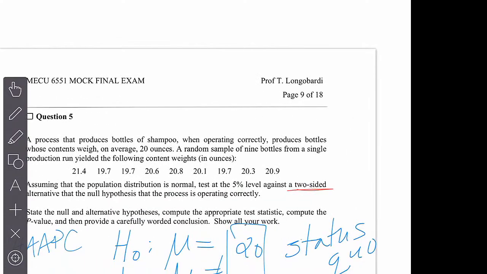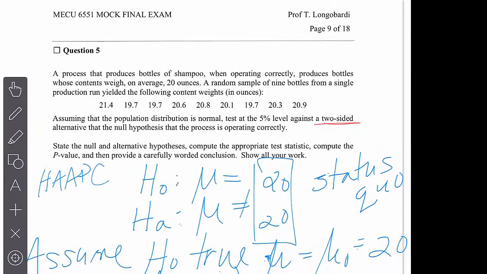I ask you to compute the appropriate test statistic, compute the p-value, and then a carefully worded conclusion. All of that, HAPC will help you get it. But if I don't specify all that information, you can do this a lot quicker. Do you know how? If you have a two-sided test?